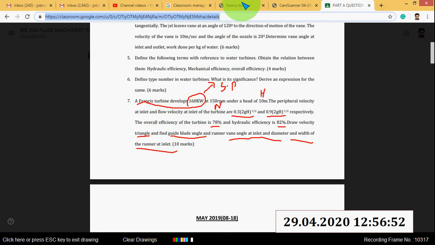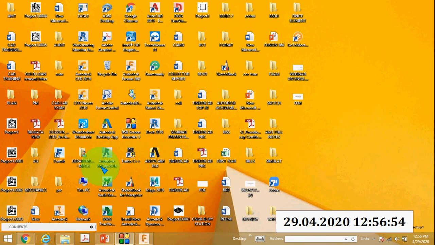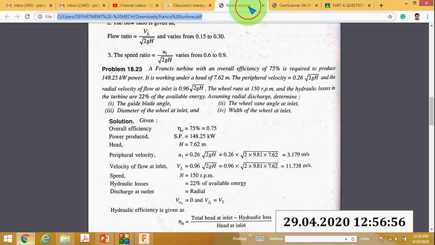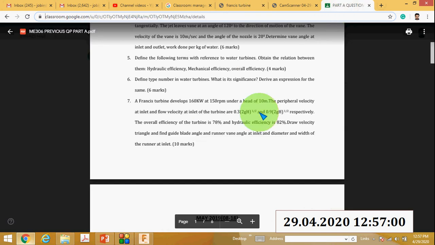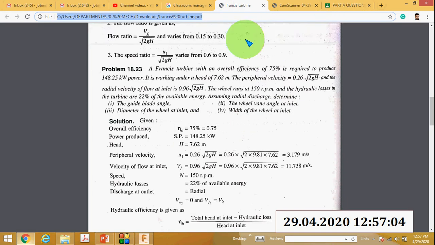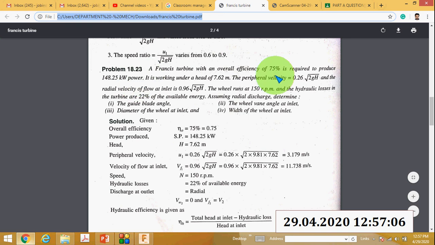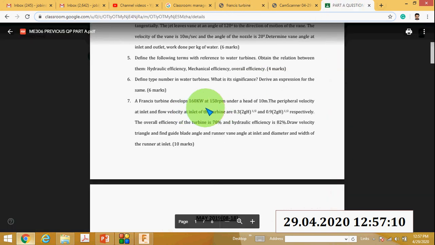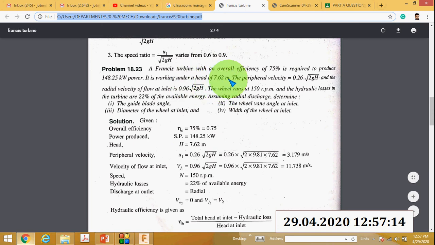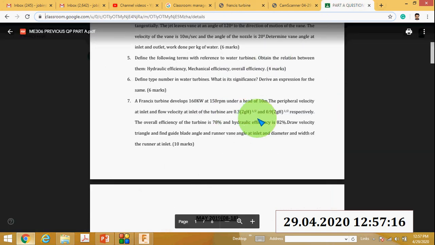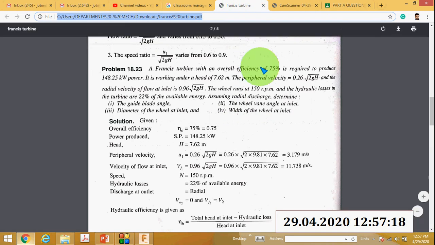This question is actually similar to the previous question. There the overall efficiency is 75%, in this problem the overall efficiency is 78%. There the power is 148.25, here the power is 160 kilowatt. There the head is 7.62 meter, here the head is 10 meter.